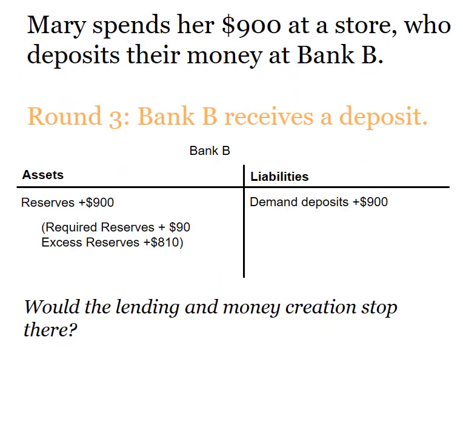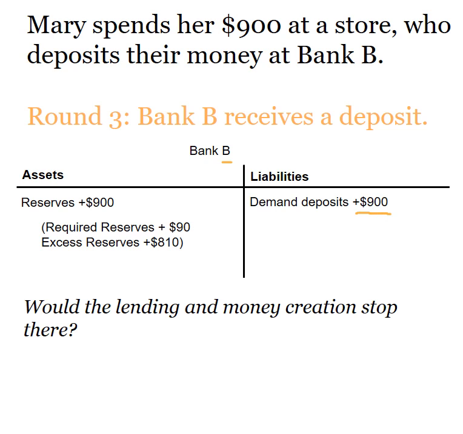In round three, Mary spends the $900 that she received as a loan at a store. That store has a bank account with Bank B. So we have a new bank that is now involved. So when the store that receives her money deposits their earnings for the day, that means that the amount of demand deposits at Bank B has gone up $900.